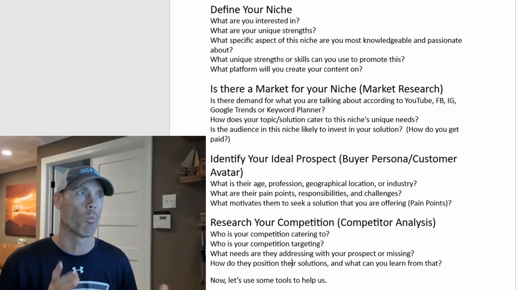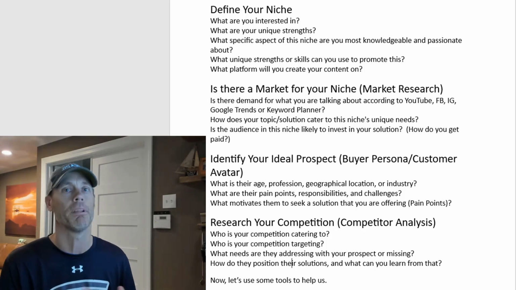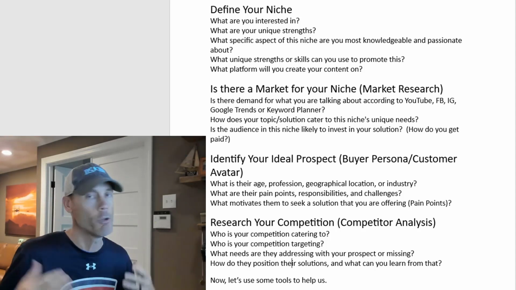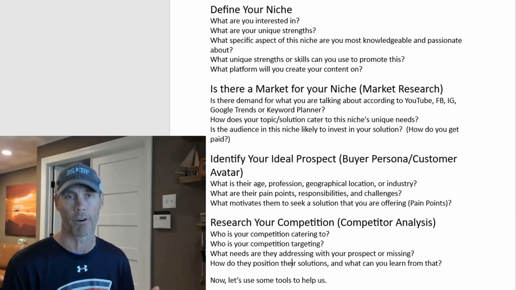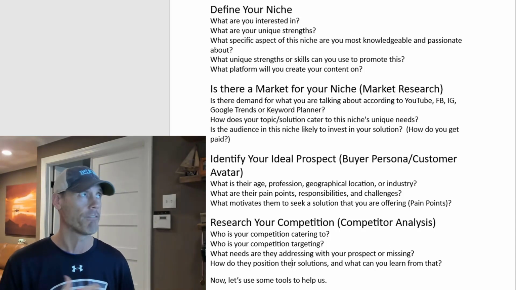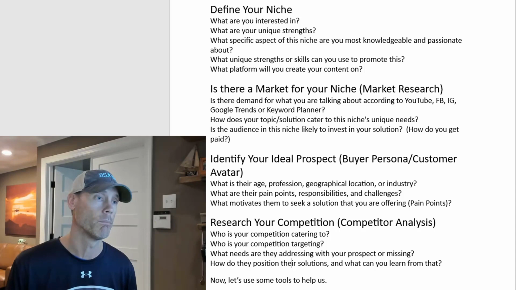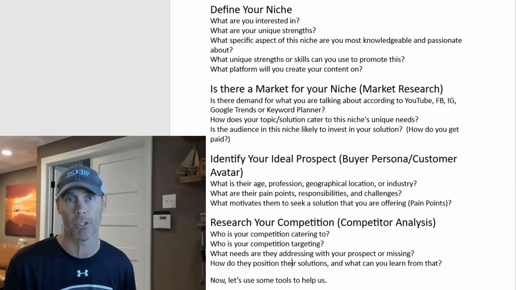So what that ideal prospect is can really be defined by the competition and what you see other people doing, and you may not even know that there's a whole audience out there, a great product to offer, until you research your competition. I can't tell you how many times I've found solutions for my personal pain points, let alone my audience's pain points, just by researching competition and seeing stuff.